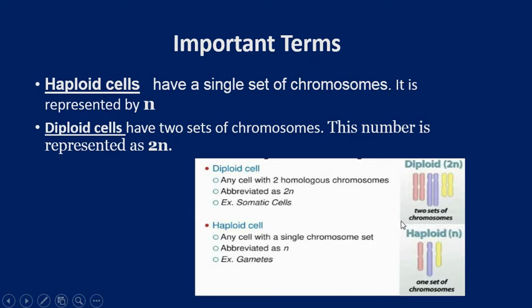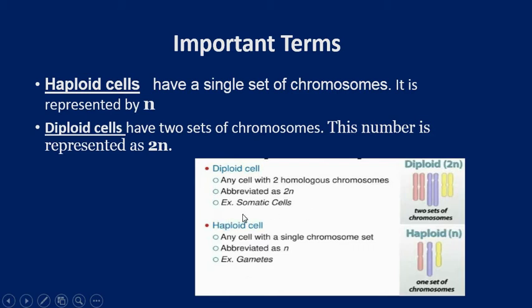So here we can see any cell with two homologous chromosomes. Homologous means same size, same shape. These chromosomes, pink, blue, and yellow, are homologous chromosomes.